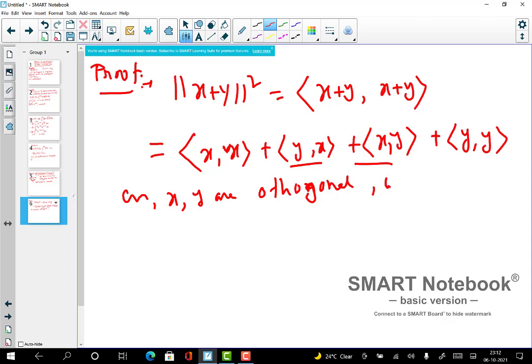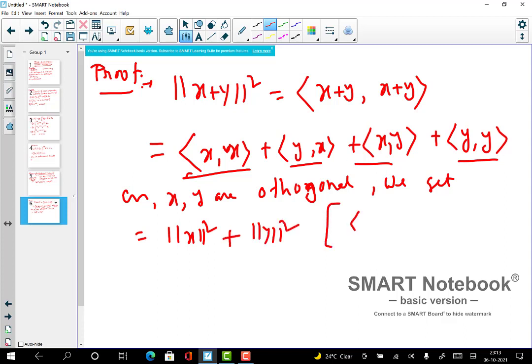So we get this is nothing but the norm of x square, this one is the norm of y square, and this portion is 0, and this inner product of x and y equals 0, which is equal to the inner product of y and x. That is the simple proof of the Pythagorean theorem, and this is true for all x and y which are perpendicular to each other, meaning orthogonal to each other.